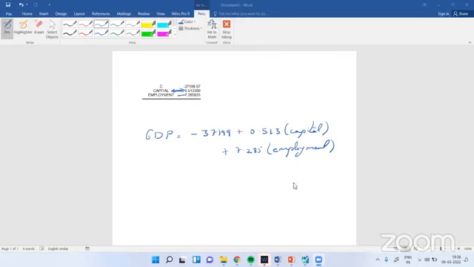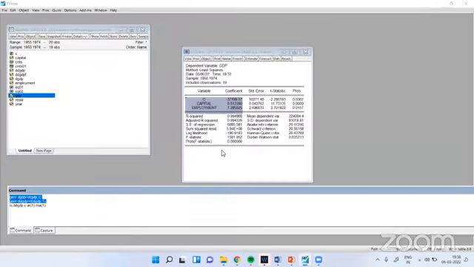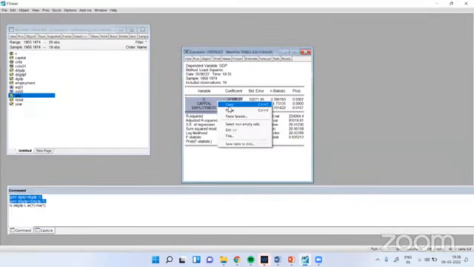It is very easy. See, you will have to go here and right click and copy. Right click and copy.